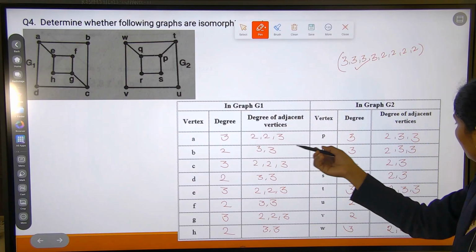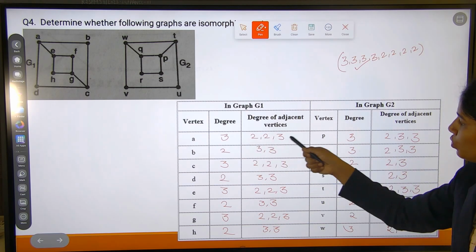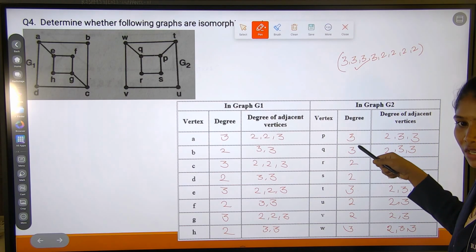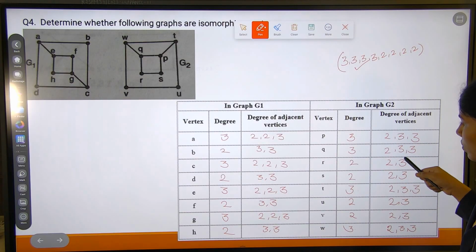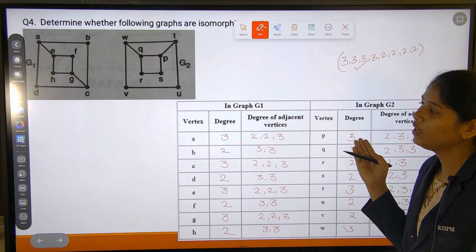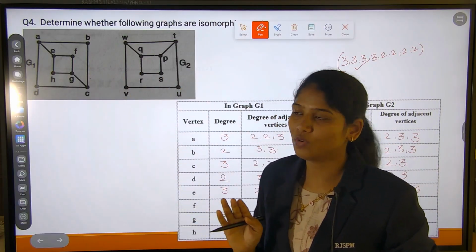We can see directly here a vertex of degree 3 having adjacency 2 2 3, but in G2 there does not exist a vertex of degree 3 having adjacency 2 2 3. So we cannot map the vertex, that is why these two graphs are not isomorphic.